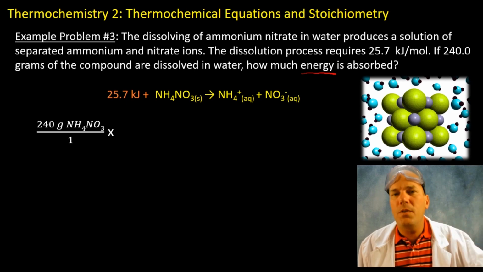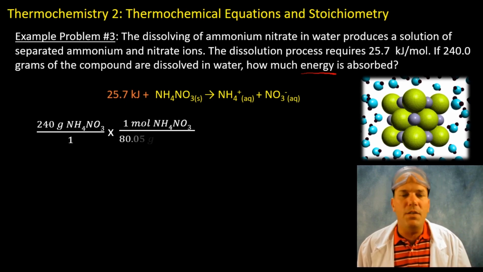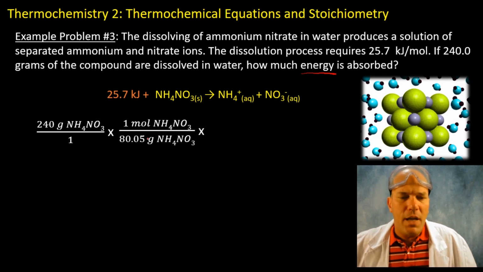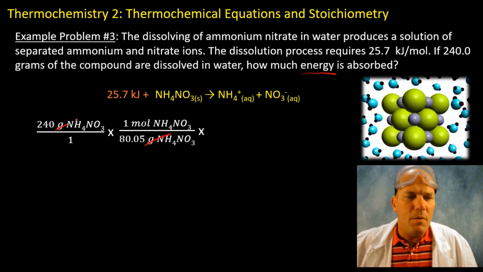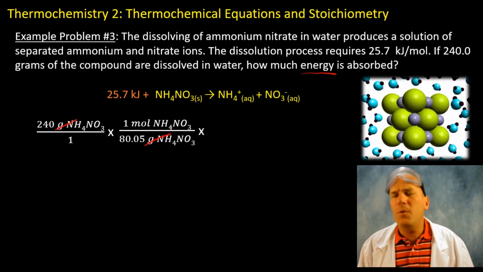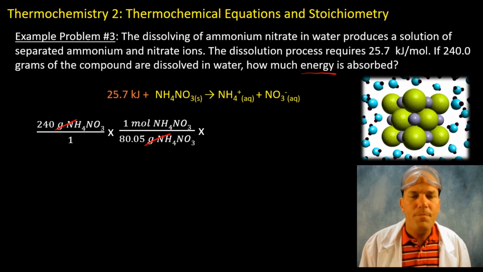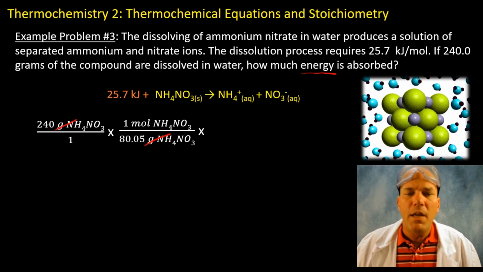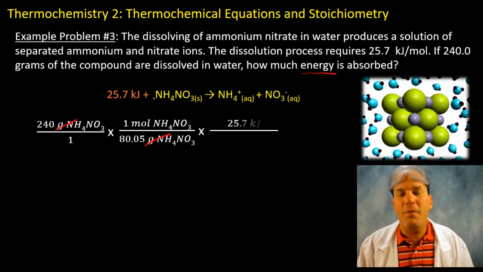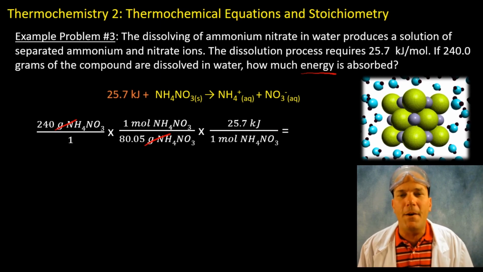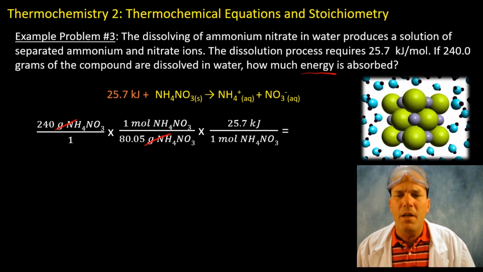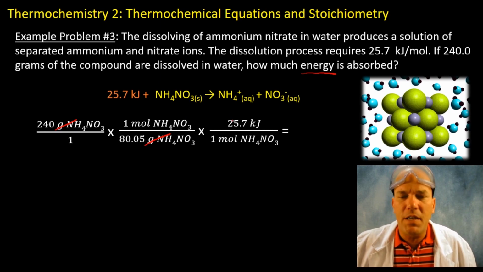So in order to factor out grams, we're going to use the molar mass. And the molar mass of ammonium nitrate is 80.05 grams in 1 mole. Now we're on moles, and we can use our molar ratios, except, as I've said now for the 3rd time during this video, this is a little different because you're actually using energy.